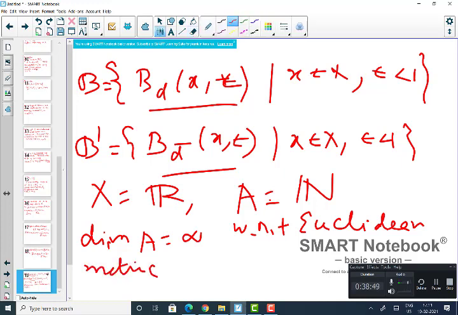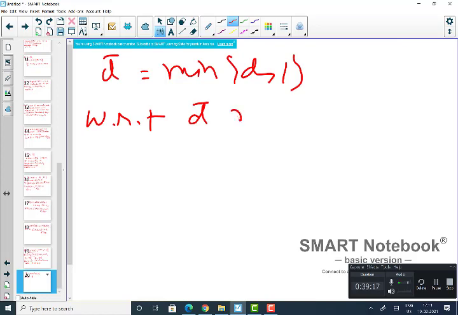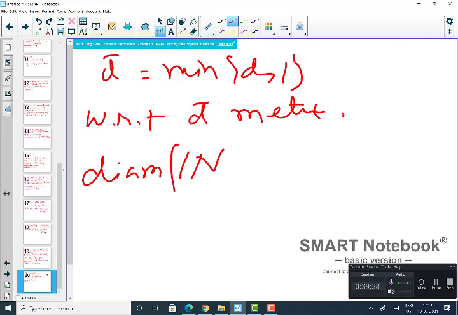What is the Euclidean metric? The distance d(x, y) is mod of x minus y, right? But if you change that, so that your d bar is the minimum of d and 1, then with respect to this d bar metric, what is the diameter of the natural numbers inside R?